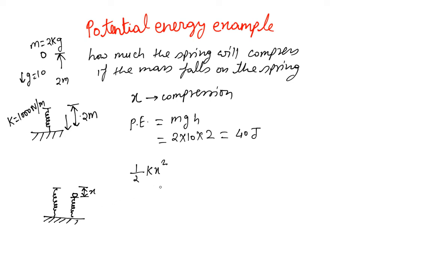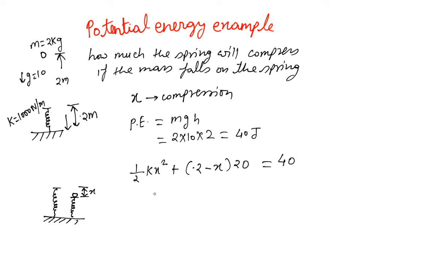And how much is that? The height above the ground is 0.2, which is the length of the spring, minus the compression x. So this height is 0.2 minus x, multiplied by mg, which is 20. This should be the same as what? Well, we started with 40, we should end with 40. We are not really losing energy anywhere.